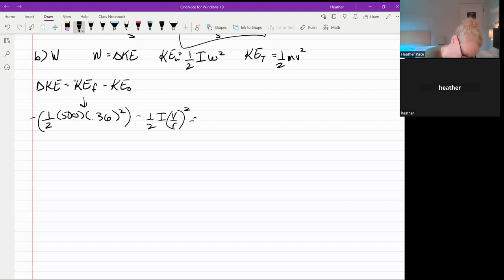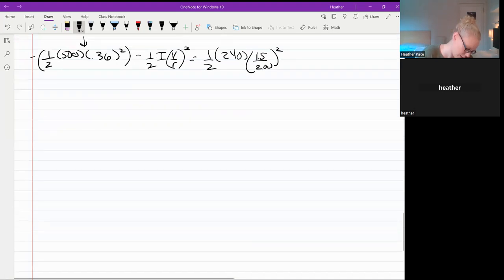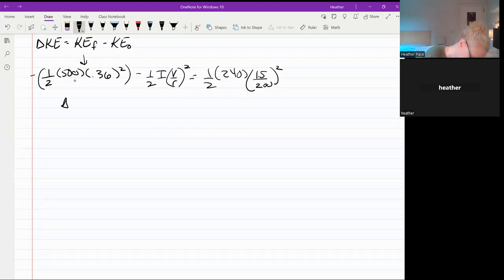So we end up with 1/2 times 240, I'm leaving off the units again, times 1.5 over 2 squared. And if I use my calculator, I get delta KE equals 99.9, which is the work required to get her moving, equals 99.9 joules.